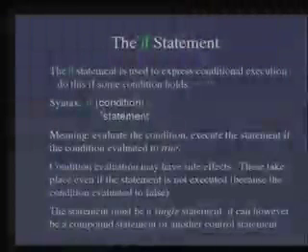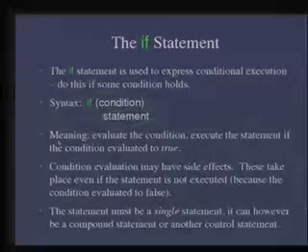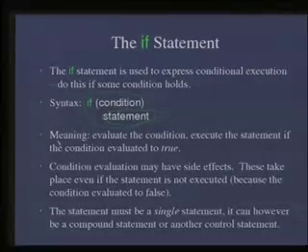There are two important points about this particular construct. First is that the statement which is shown here must be a single C statement, which means that it cannot be a sequence of several assignments, for example.